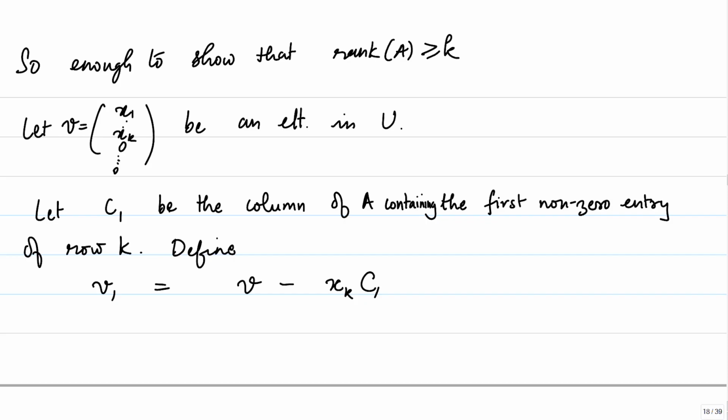V has xk in the kth row and 0 below. So, V1 will be a vector with 0 in all the rows below k minus 1. You should think about it for a minute and get convinced that this is the case.